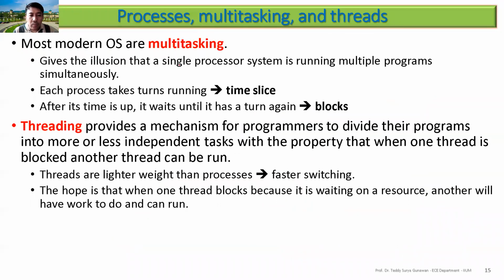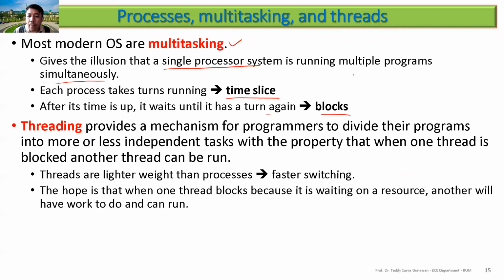Most modern OS are multitasking, meaning they give the illusion that a single processor system is running multiple programs simultaneously. The easiest way to think of it is round robin. Each process takes a turn running for a time slice. After its time is up, it waits until it has its turn again.